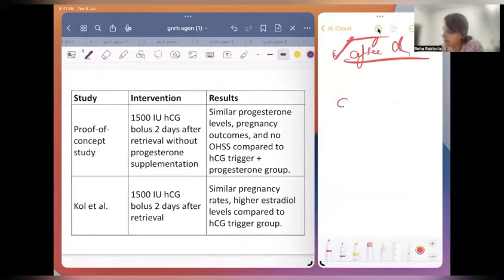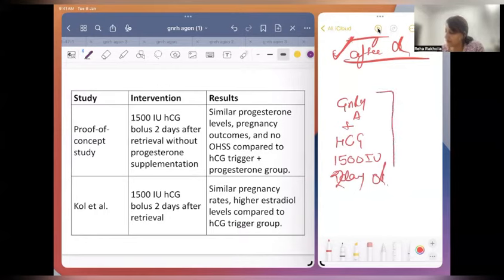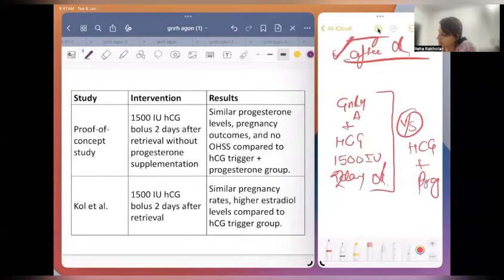GnRH agonist plus HCG 1,500 international units 2 days after oocyte retrieval, versus HCG trigger plus progesterone supplementation.